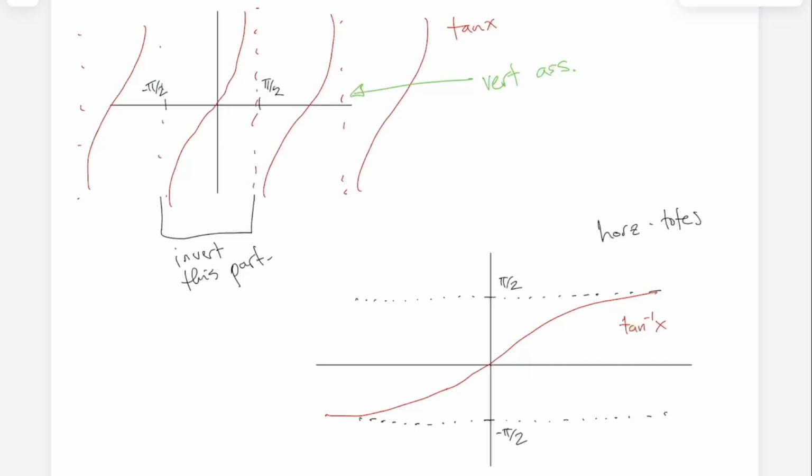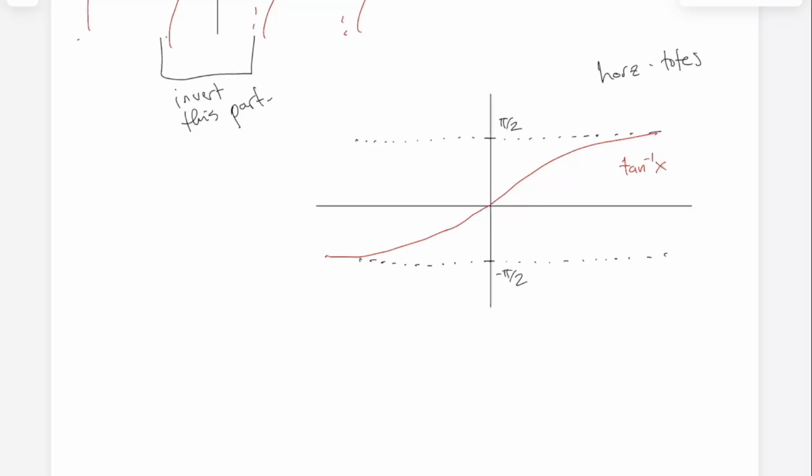The inverse tangent is in general a nicer function to work with, and maybe the principal reason for this is its domain. Can anybody say what's the domain of the inverse tangent? Negative infinity to infinity, as an interval, or you could say all real numbers.